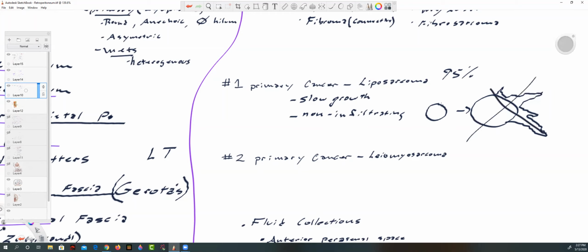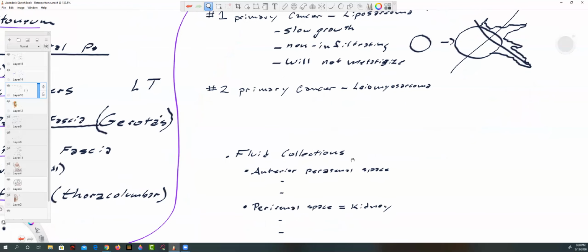It'll just continue to grow larger and larger. And without infiltrating, oftentimes those tumors will not metastasize. Will not create distant tumors. It will stay where it stays.